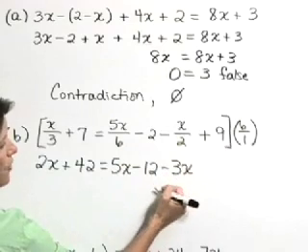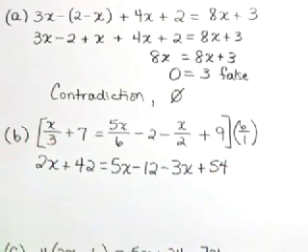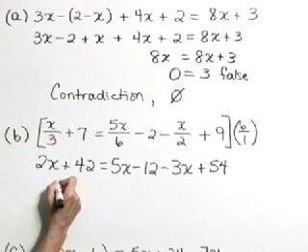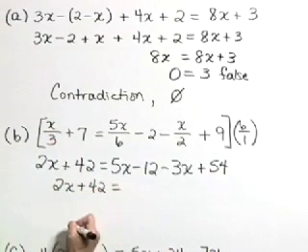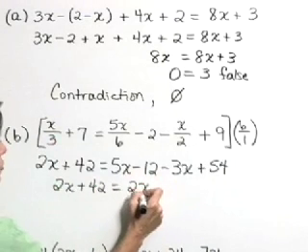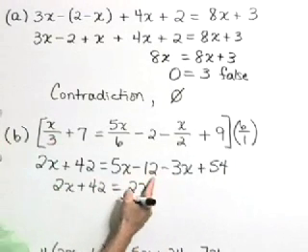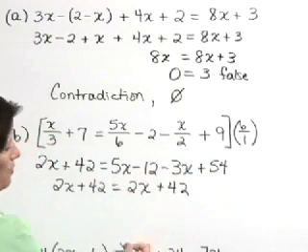That's a minus 3x term, plus 9 times 6, or 54. So on the left, we have 2x plus 42. On the right, 5x minus 3x is 2x. Negative 12 plus 54, that's a 42 also.